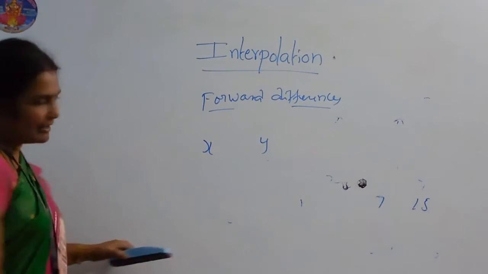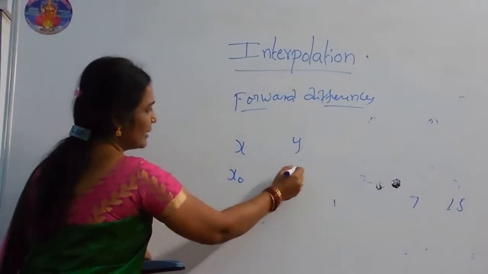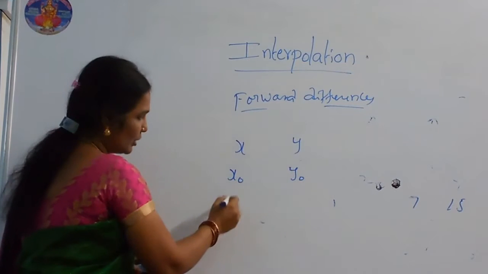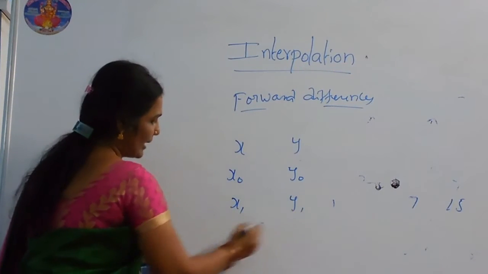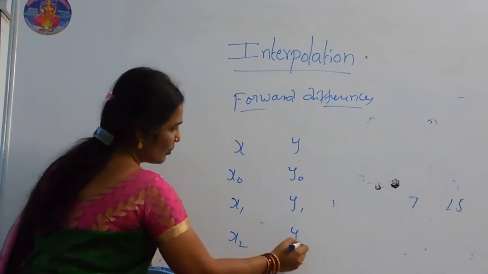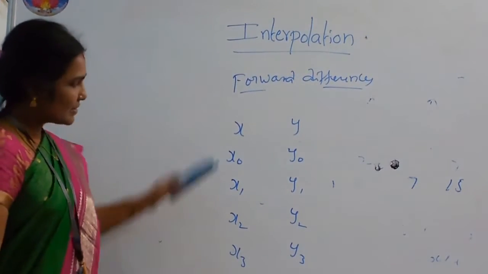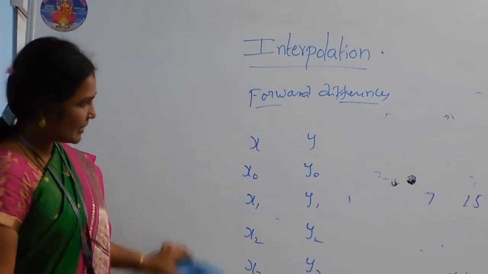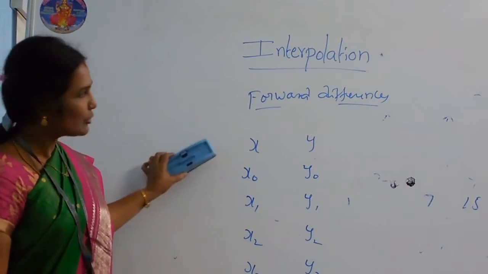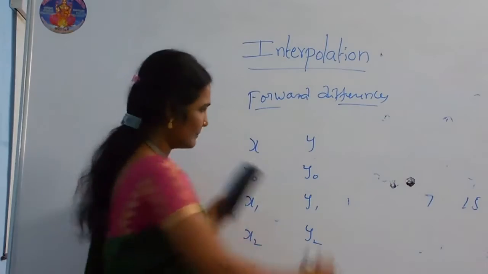So x and y are the set of table values given: x0, y0, x1, y1, x2, y2, x3, y3 and so on. So these are the table values given. For this table, we have to form the forward difference table.